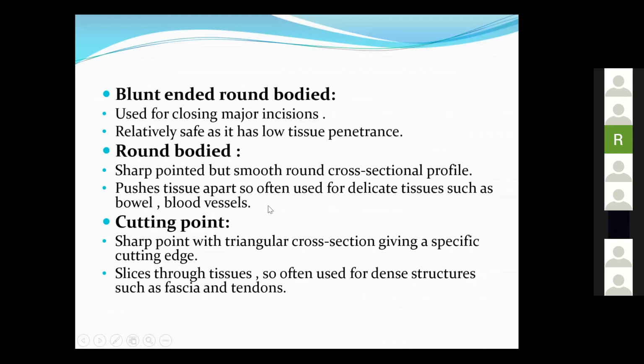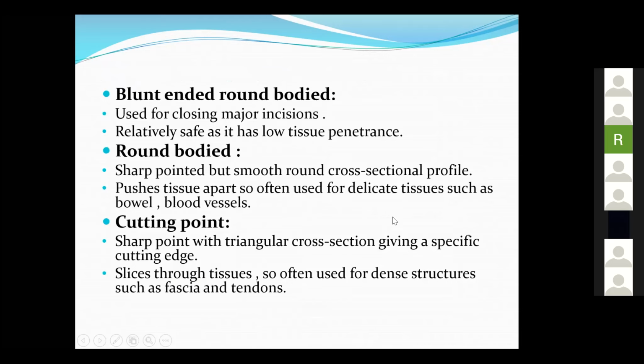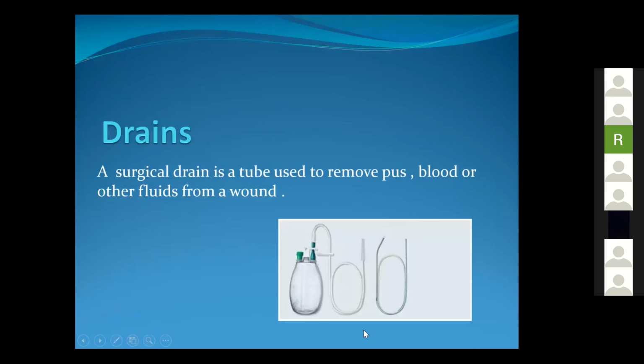So sharp pointed but smooth round, what we were talking about, these needles have a sharp tip, but the body is rounded. We use them so that we push through the tissues easily, but then we go through things like bowel and blood vessels. This we use for closing major incisions. Cutting needles, we use mainly for skin closures.